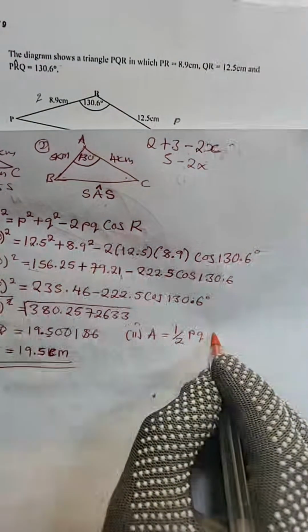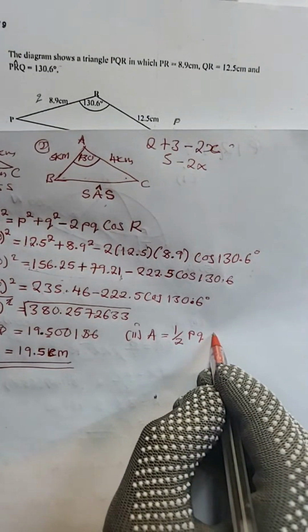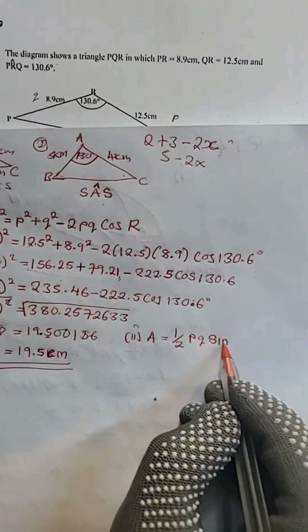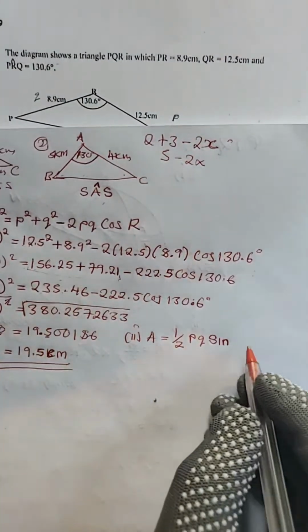Since we are using the cosine rule, the formula for calculating area uses sine, not the sine rule, but this trig ratio.